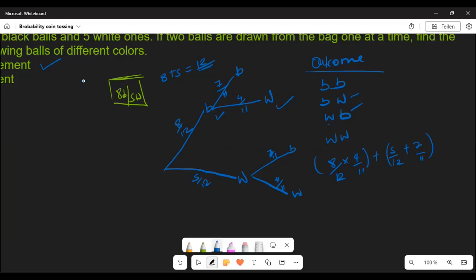So we know that 4 goes into 12 three times, so we are going to have here 8/33. Plus, then here also we're going to look at 35 over 132. So here we have 35/132.